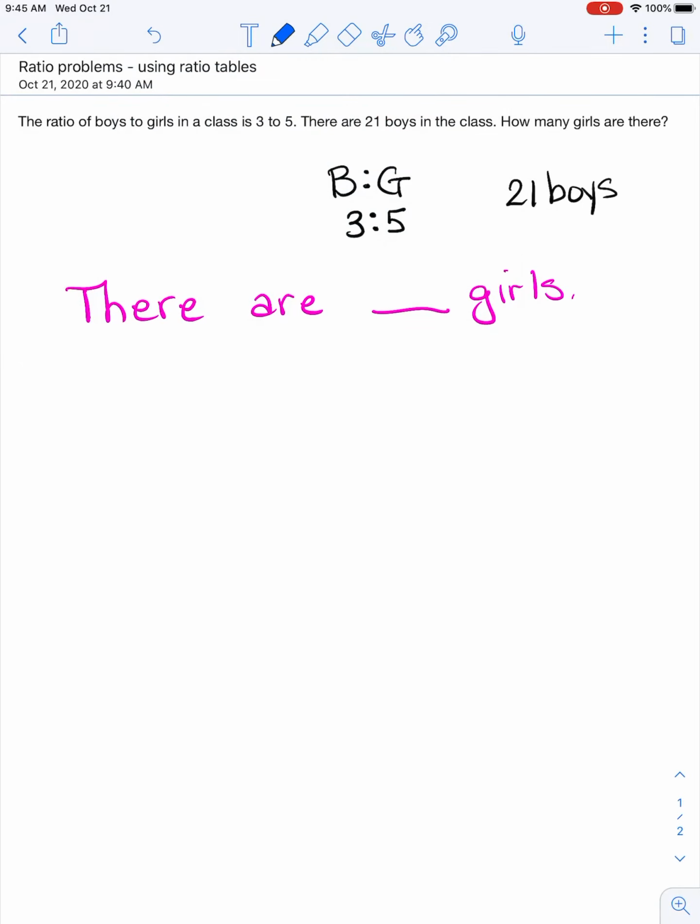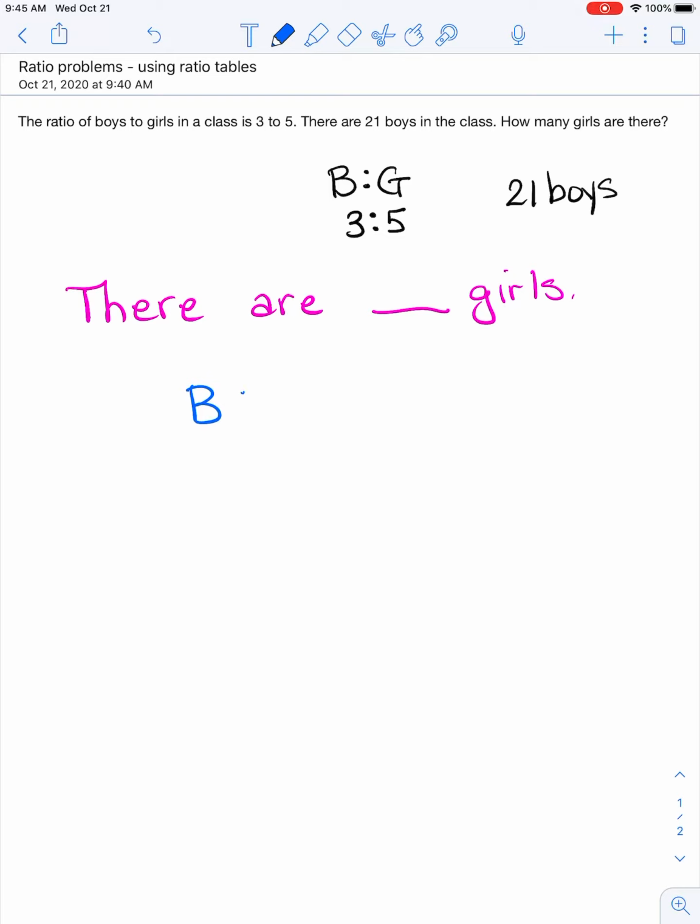There are many methods we can use for this. Today we're going to talk about using a ratio table, which is nothing more than a table of equivalent ratios. We can make our table horizontal or vertical, and I'm going to show you both.